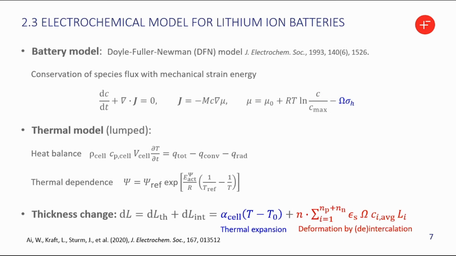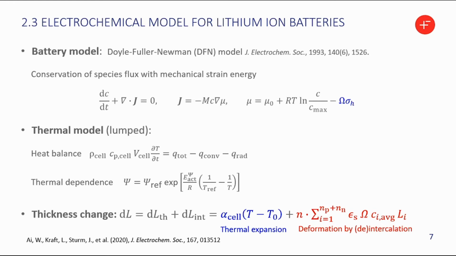Our work is to link those particle-level studies to battery cell-level performance. The battery model is based on the DFM model, and we introduce the strain energy to the chemical potential and modify the conservation of species flux equation.